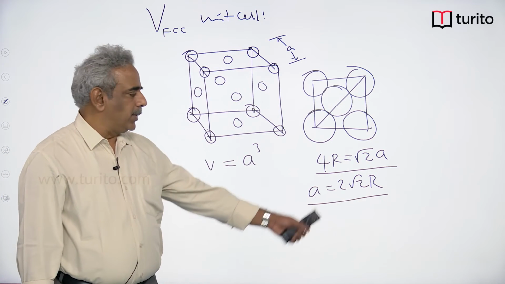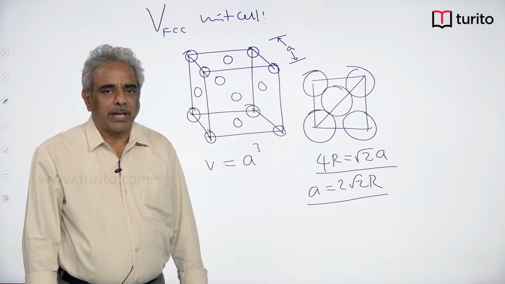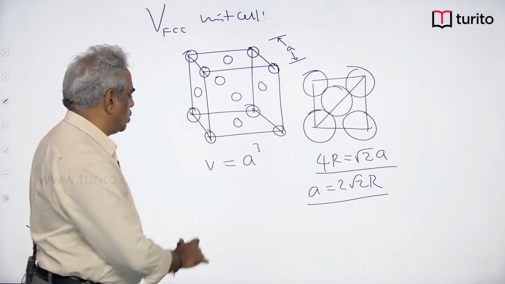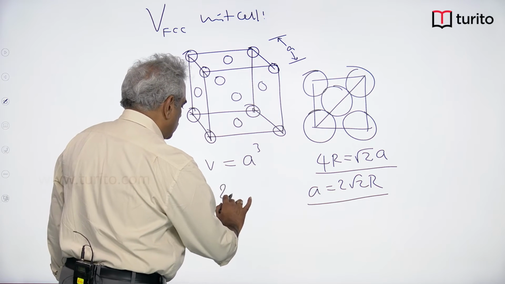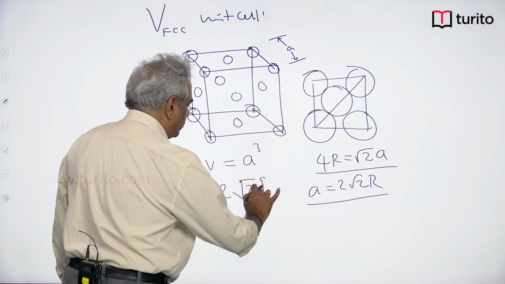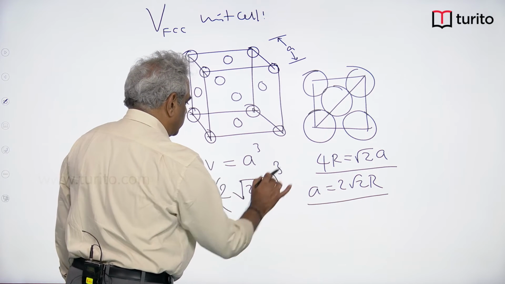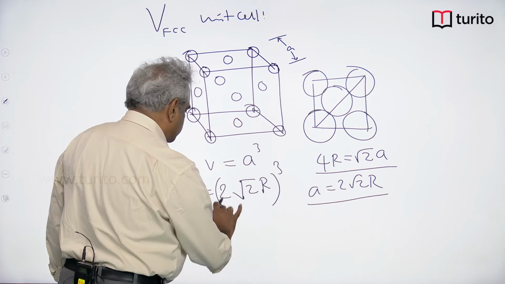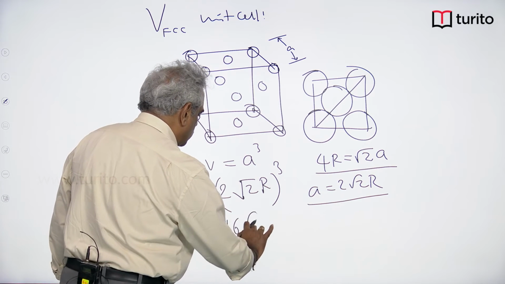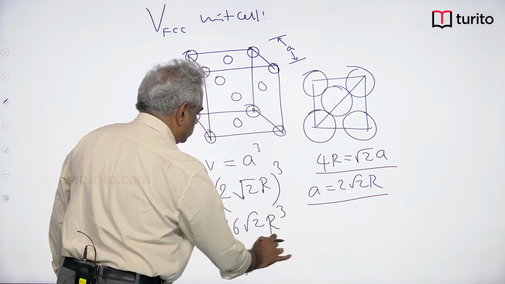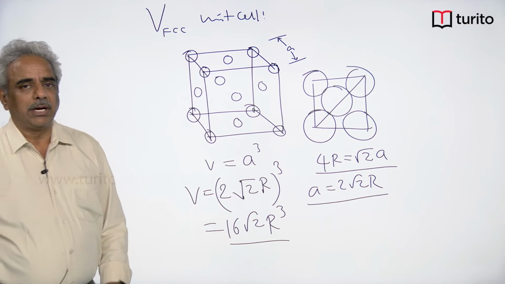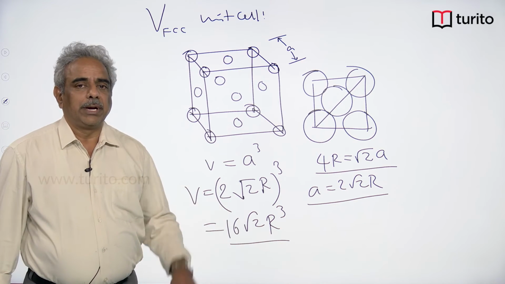Edge length is given by 2 root 2 times the radius of the sphere. So, what will be the volume? Volume is equal to (2 root 2 r) whole cube. This gives me 16 root 2 r cube. That is the volume of the unit cell in terms of the radius of the sphere.